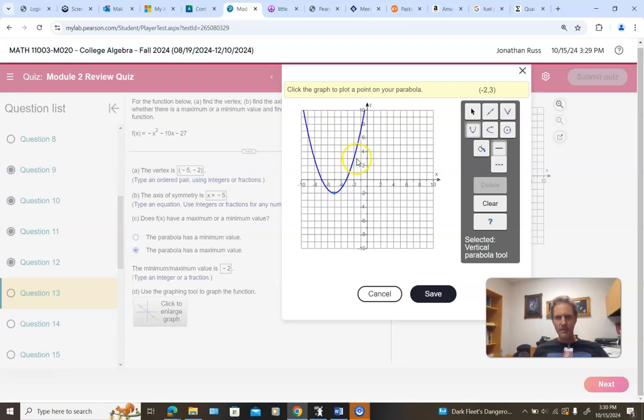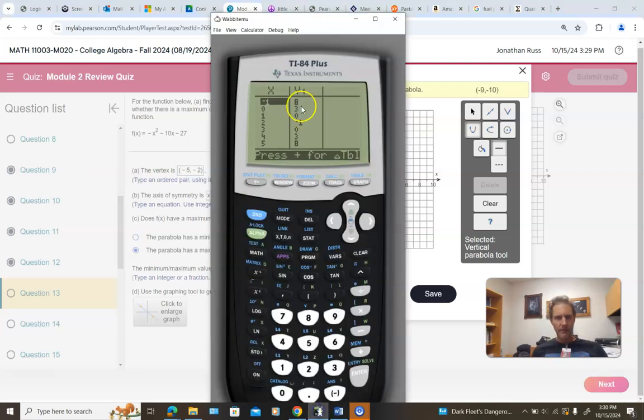And then again, I just need one more point. I might graph this in the calculator again real quick. So negative x squared minus 10x minus 27.